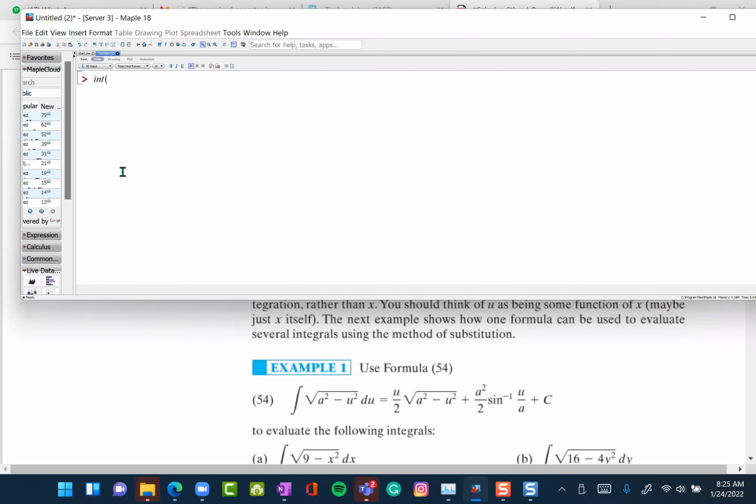For example, the last thing we did is 5x over 2x squared times x plus 3. You integrate with respect to x. So let's give you the answer already.